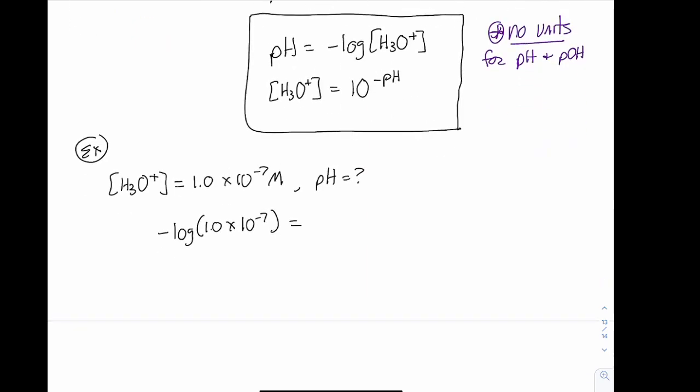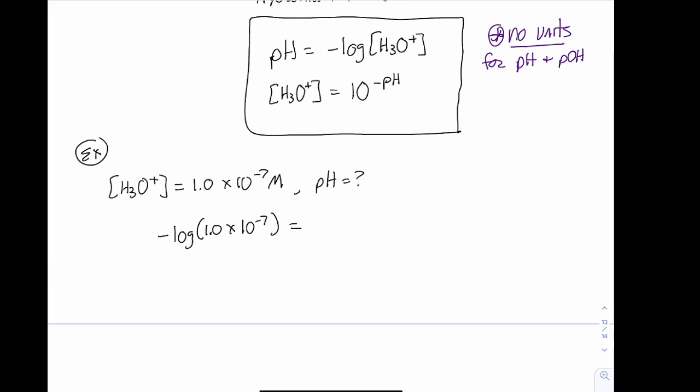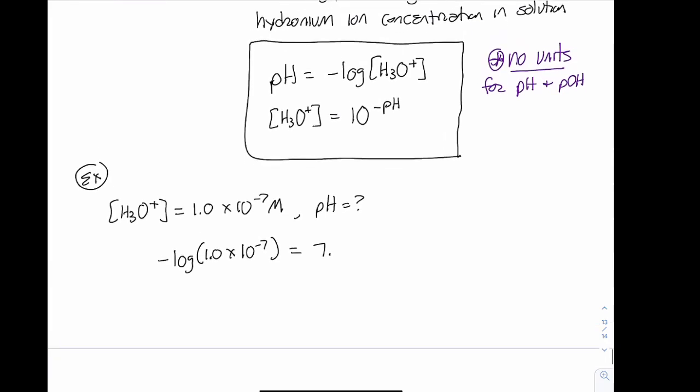So back to my problem. I'm going to take the negative log of 1.0 times 10 to the negative 7th. There's a decimal point here. And I'm going to get, just bear with me on sig figs, you guys actually get a new sig fig rule here. I'm actually going to get 7.00. When you type it into your calculator, you're probably just going to get 7. But remember, your calculators don't know significant digits, and we do need to pay attention to significant digits.